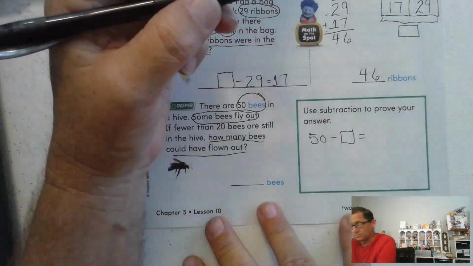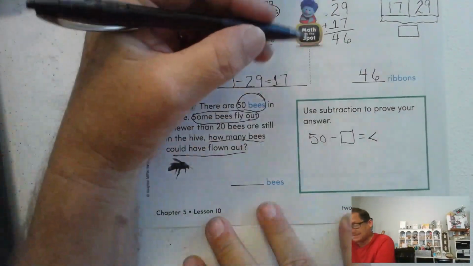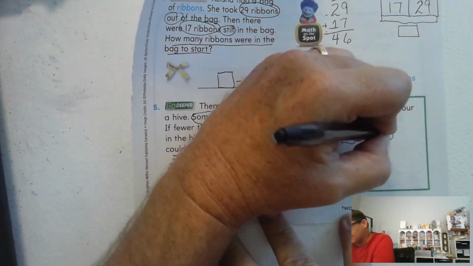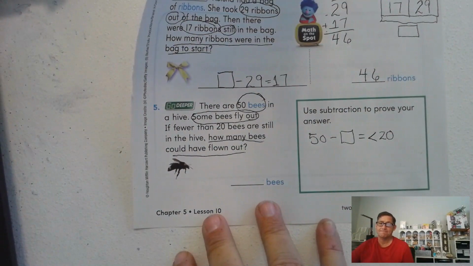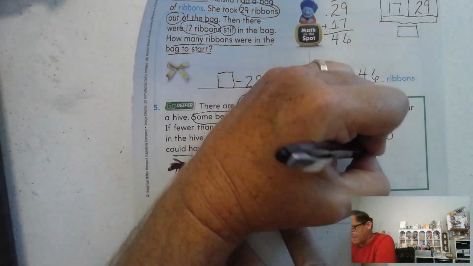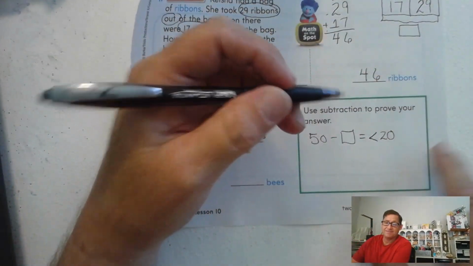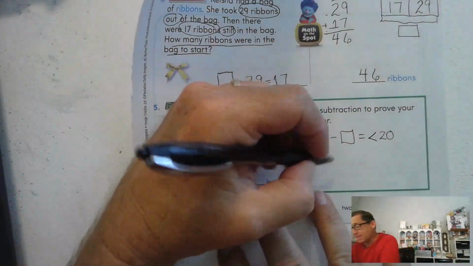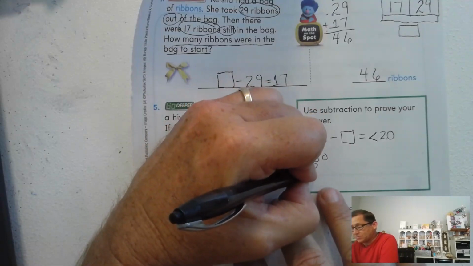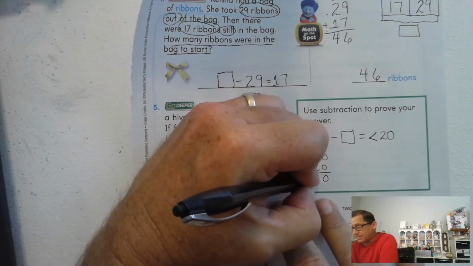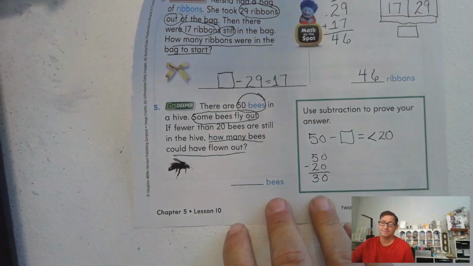has to equal less than 20. Well, so I can have 19, 18, 17, 16, right, left. So 50 minus 20 is 30, correct?